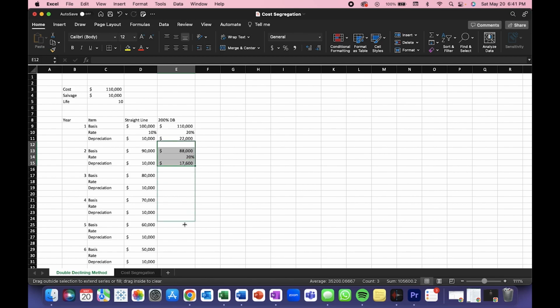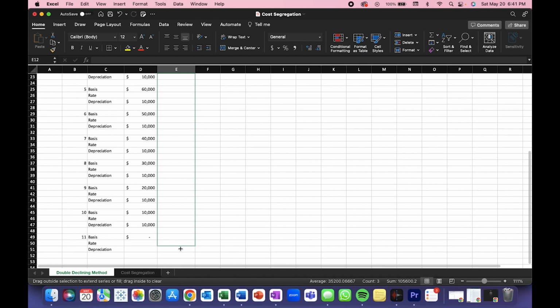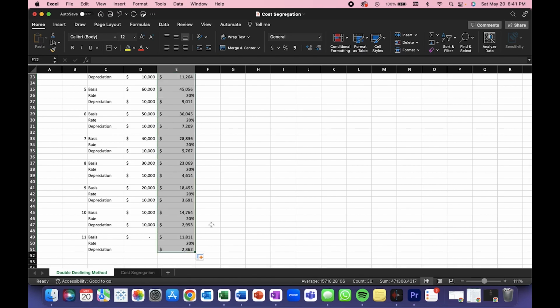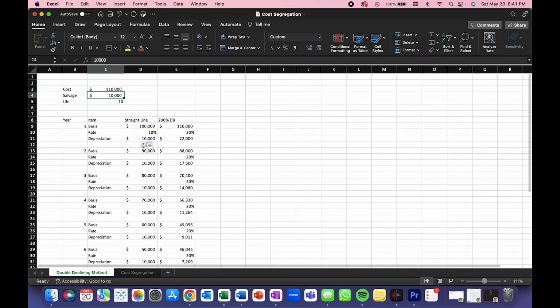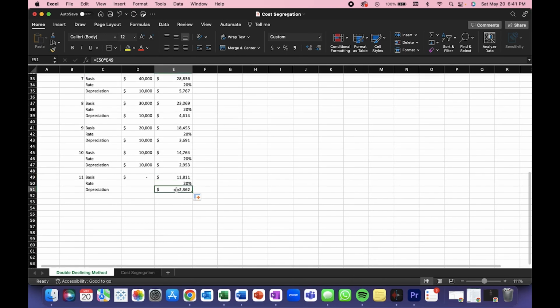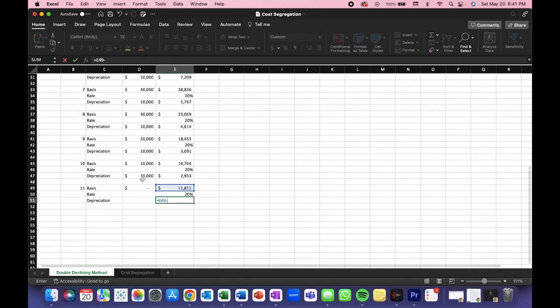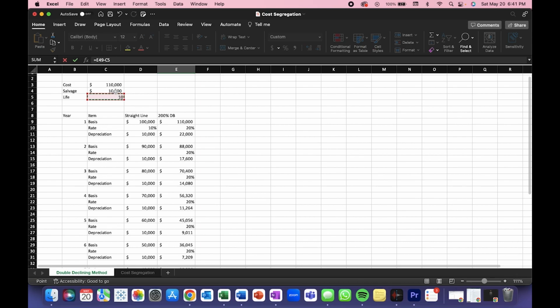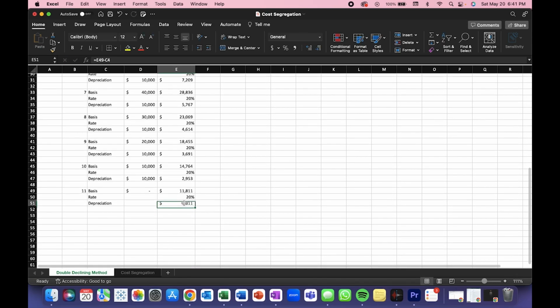So how does this play out? Well, as we go all the way down to year 11, you can see that in year 11, our cost basis is $11,811. We are trying to take this 20% depreciation expense, but we are unable to because our salvage value is only $10,000, which means that in year 11, our actual depreciation is only going to be $1,811.